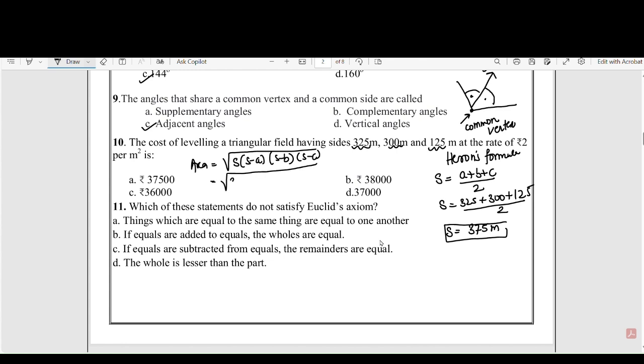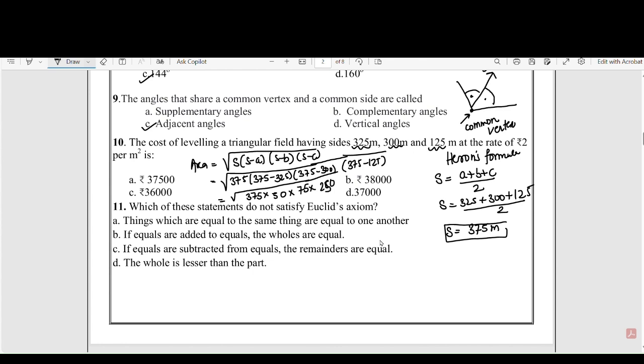You can substitute 375 minus 325, 375 minus 300, 375 minus 125, which is 375 into 375 into 325 is 50. 375 minus 300 is 75. 375 minus 125 is 250.